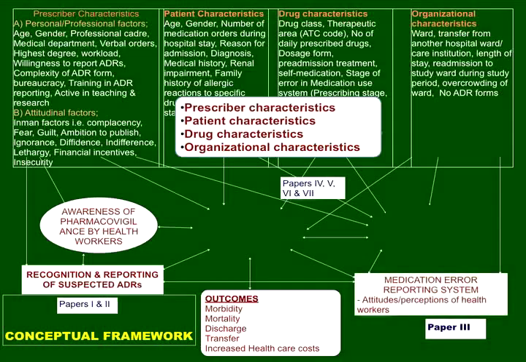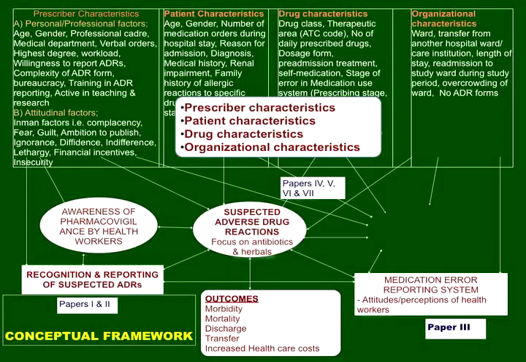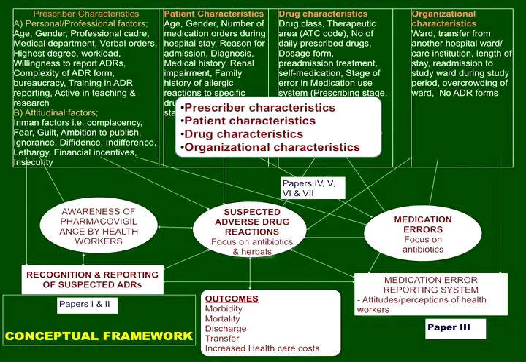Now, if you focus on the personal approach, you are likely to have underreporting, because people will be fearing blame. However, if you look at the system approach, then you are more likely to encourage not only the reporting, but you're also aware that most errors arise from system failures.